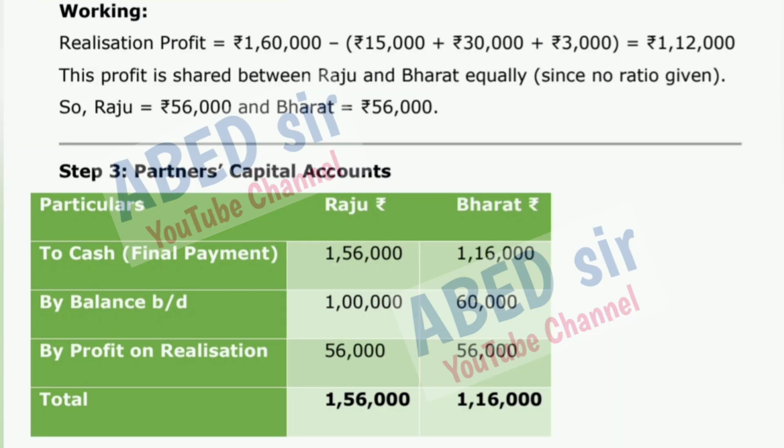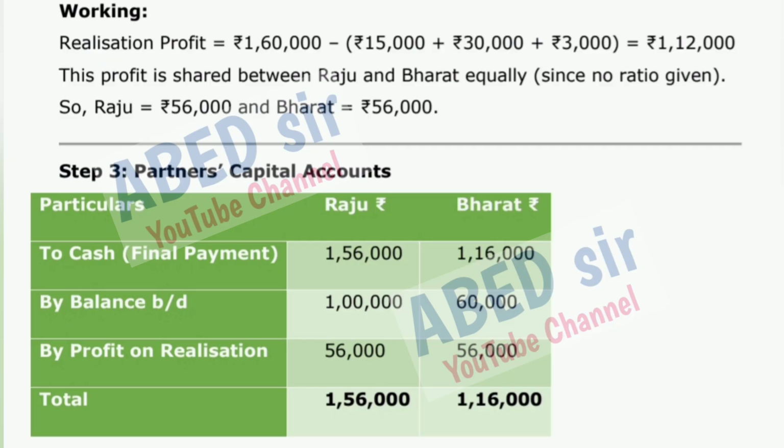Realization profit is equal to 1,60,000 rupees minus 15,000 rupees plus 30,000 rupees plus 3,000 rupees, which is equal to 1,12,000 rupees. This profit is shared between Raju and Bharat equally, since no ratio given. So, Raju is equal to 56,000 rupees and Bharat is equal to 56,000 rupees.